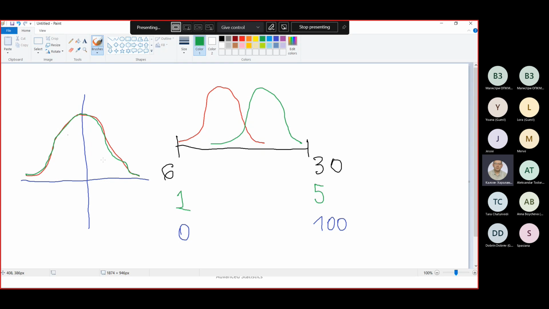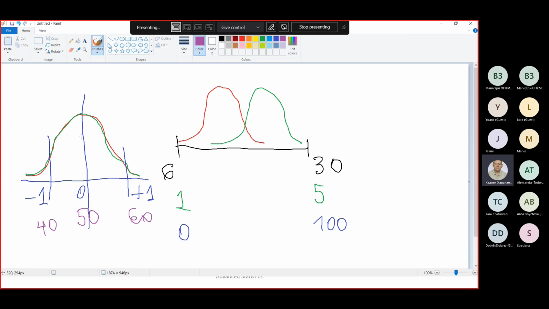And when we use z-scores, here will be 0, here will be plus 1, here will be minus 1. And if we use t-scores, here will be 50, here will be 60, here will be 40.